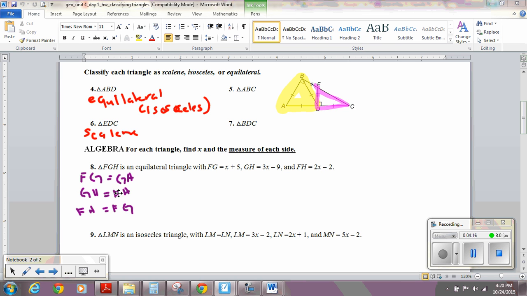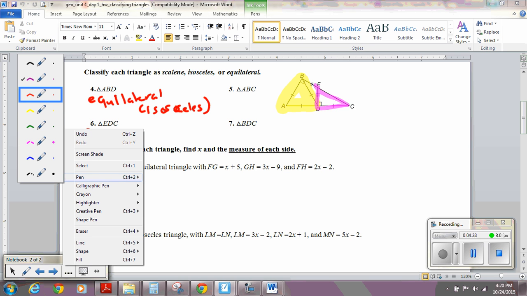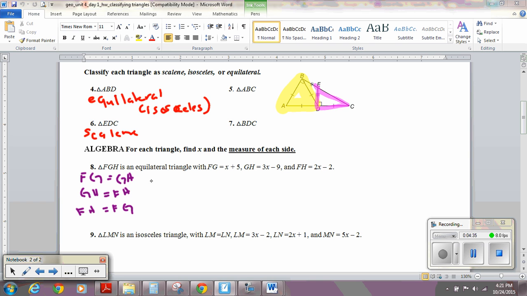Either setup would work just fine to find x. You're not going to set all three equal to each other. It just takes two to get to your answer. So I'm going to go with the first one I wrote. Why not? FG equals GH.